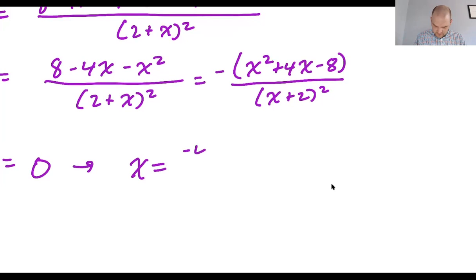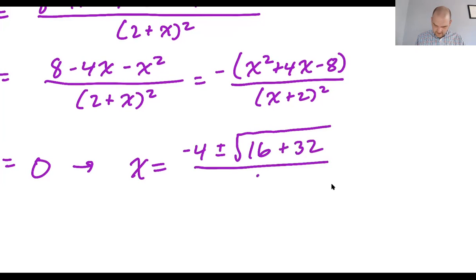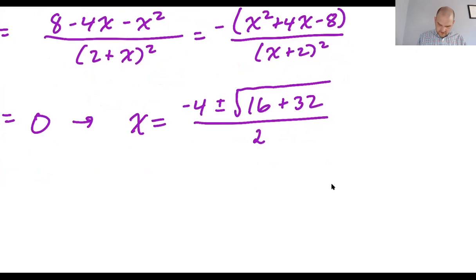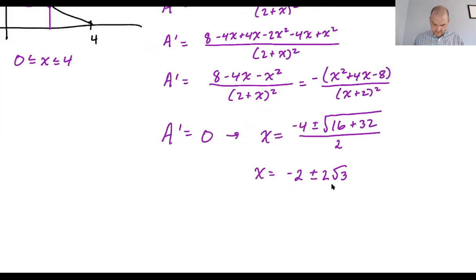It's the opposite of b plus or minus the square root of b squared minus 4ac, so plus 32, and then all over 2a, so over 2. So this will be negative 2 plus or minus, what is that, radical 48, which is 4 root 3, but then divided by 2, so 2 root 3.